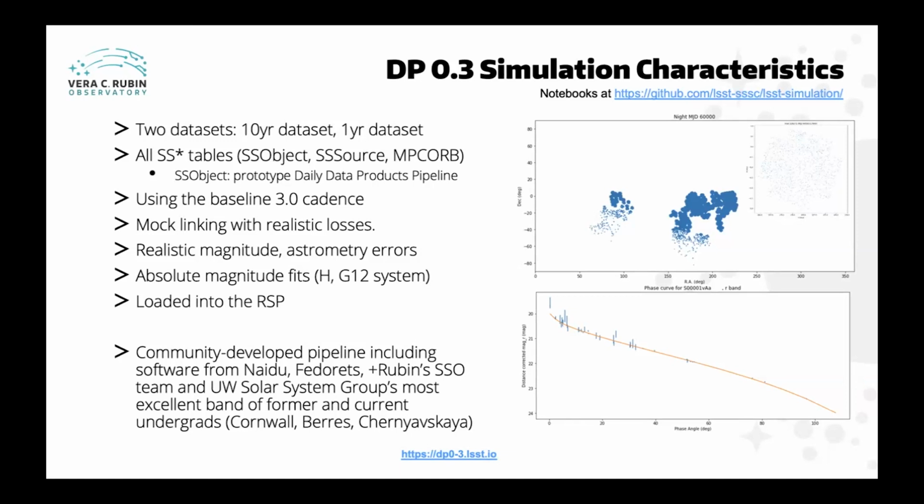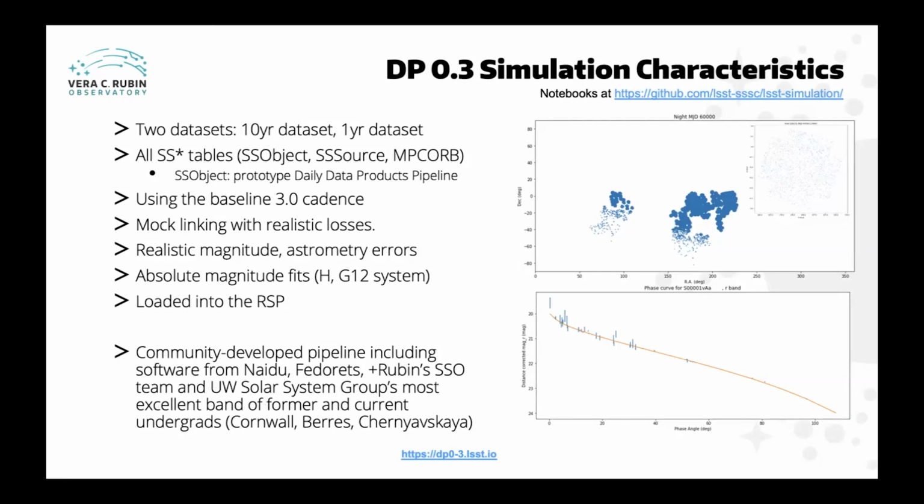At the end of year 1, the story is going to be quite different because we will not have discovered all these objects by then. And if you want to get a feel for your science cases, what is the world going to look like by the end of Rubin's year 1? This is a better data set to look at. So 10-year gives you the sense of where the whole thing is heading. What's the maximum? 1 year gives you a sense of what to expect soon.